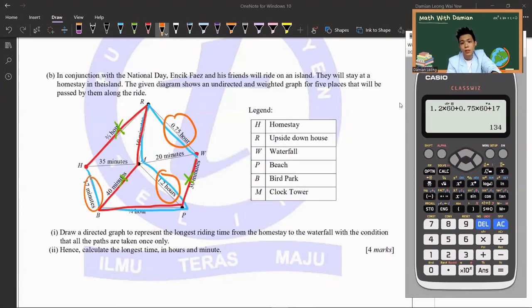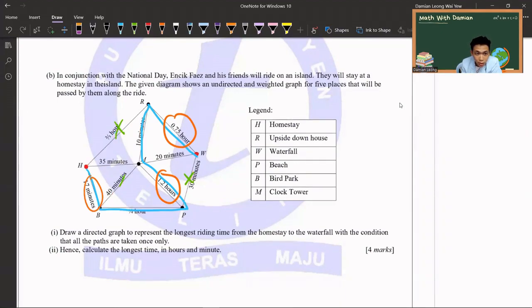So 134 will be the longer path. It's this one, where it goes through more of the hours path.